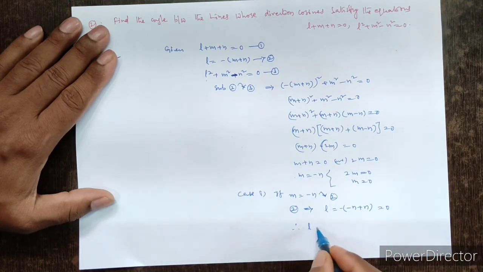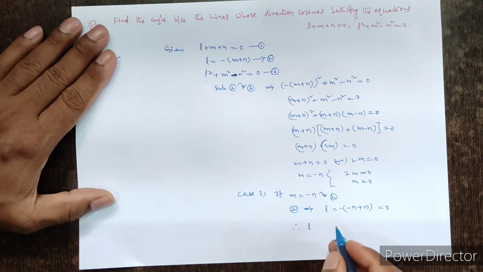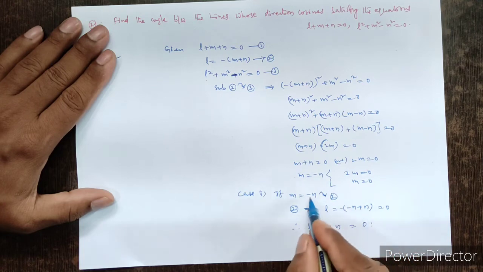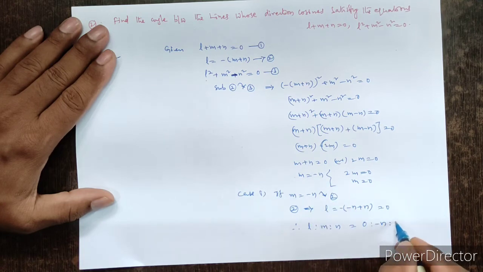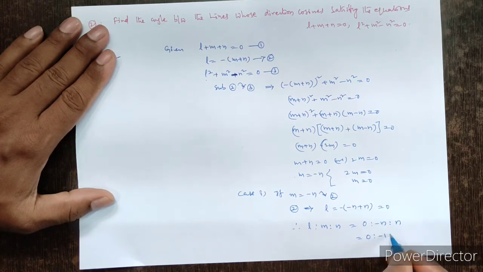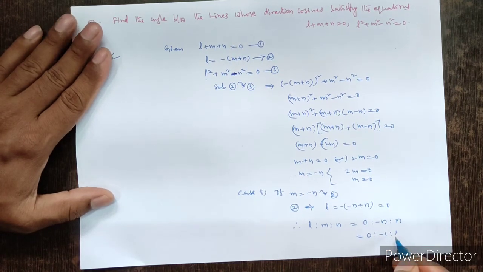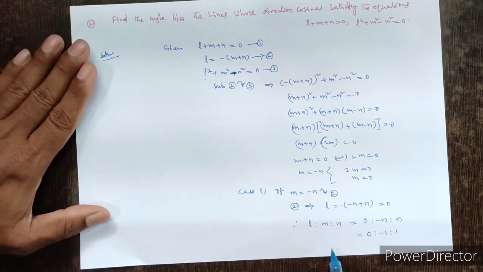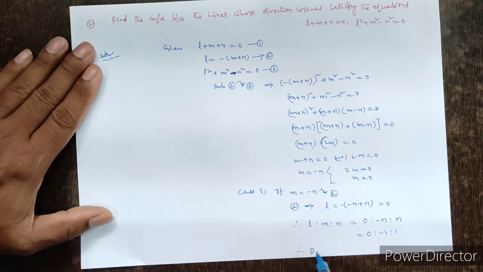Therefore the ratios of direction cosines L is to m is to n equal to 0 is to minus 1 is to 1. So these are the direction ratios. Direction ratios are 0, minus 1, 1.